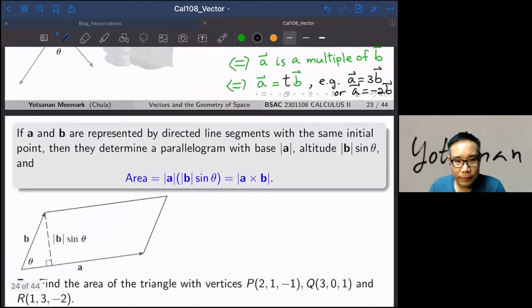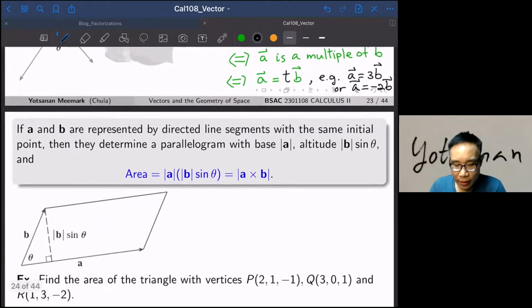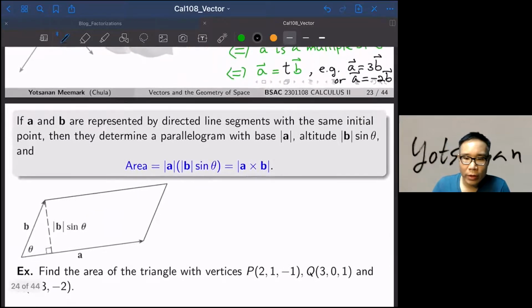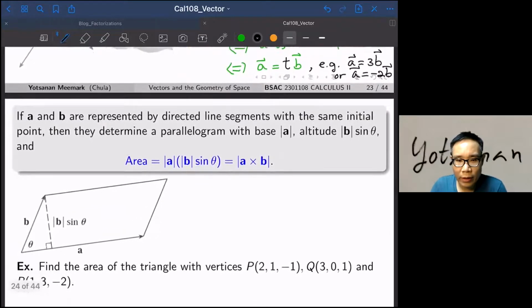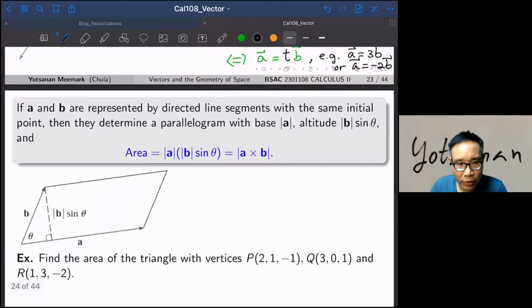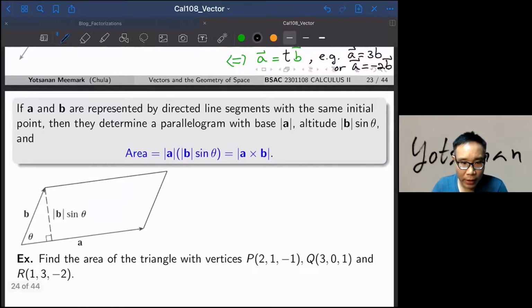The next one is going to be how we use the norm of the cross product in order to do the calculation. So if you have vector A and vector B, and you have the angle between them equal to theta, you're going to be able to find the height of this parallelogram.